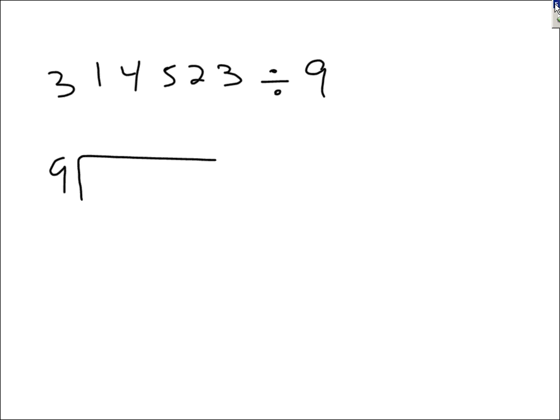Okay, one last problem. If you had 314 and you're dividing by a nice small number like 9, and you're supposed to know the 9 times table nicely, you can use short division. 9 doesn't go into 3, but it goes into 31. 9 times 3 is 27, which is less than 31.